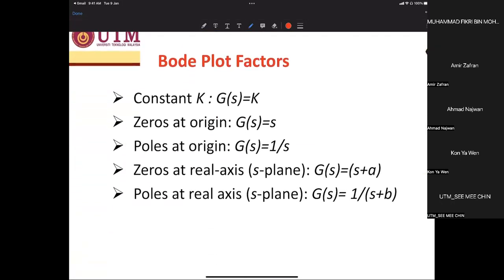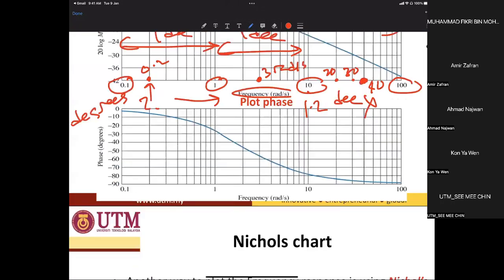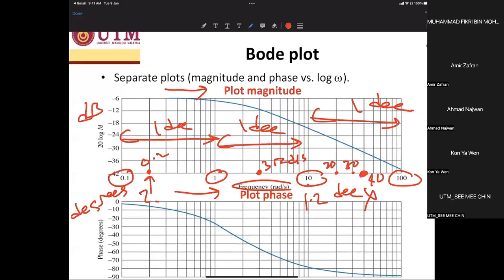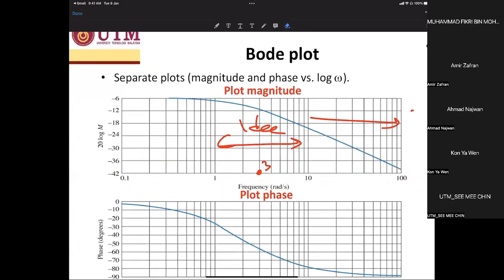So, Bode plot factor. I forgot to tell you how to draw the Bode plot using MATLAB. Shall I show you here? First, we open MATLAB.